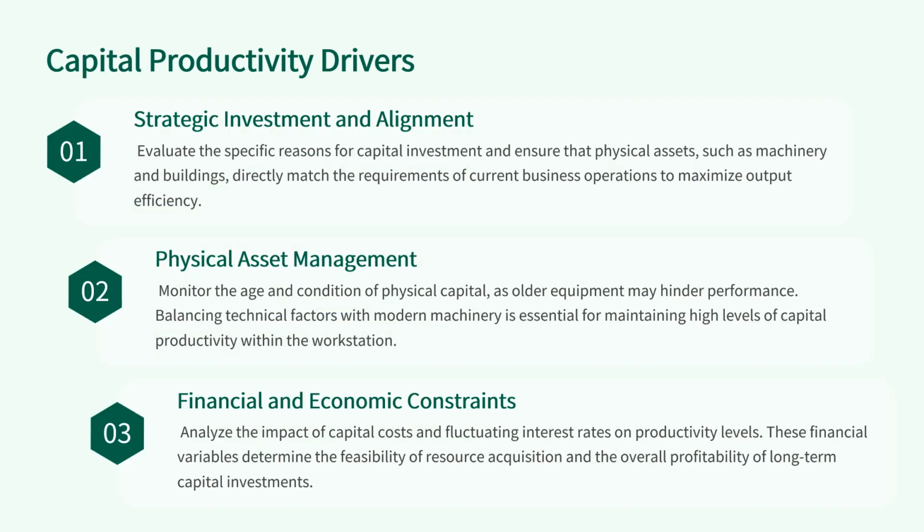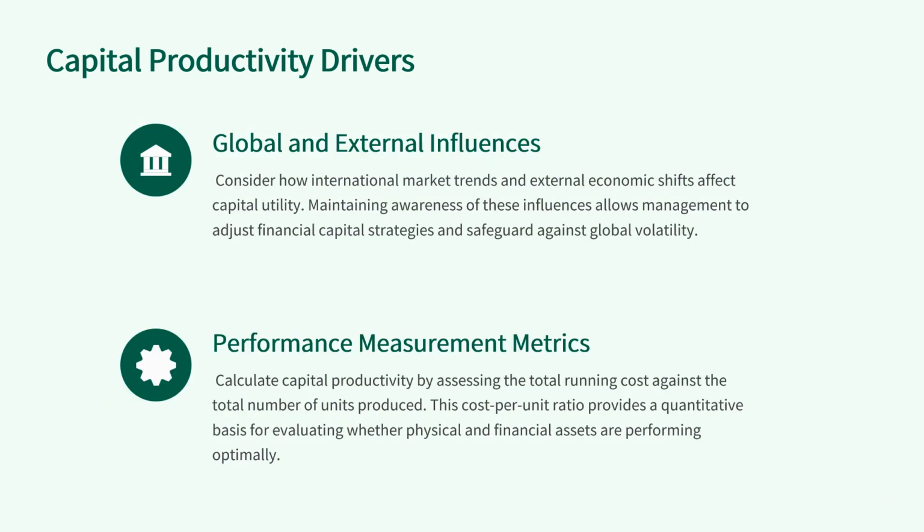Capital productivity drivers, so strategic investment and alignment, physical asset management, for example, when you've got physical buildings that you need to take care of and maintain, and then financial and economic constraints. For example, you've got to analyze the impact of capital costs and fluctuating interest rates and the influence they have on productivity levels.